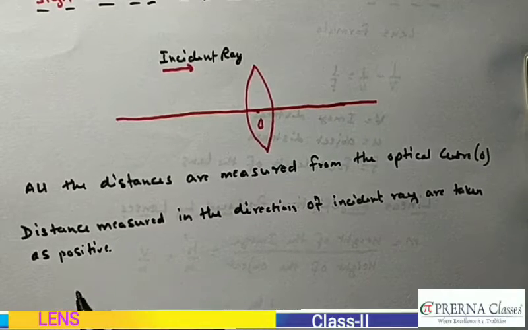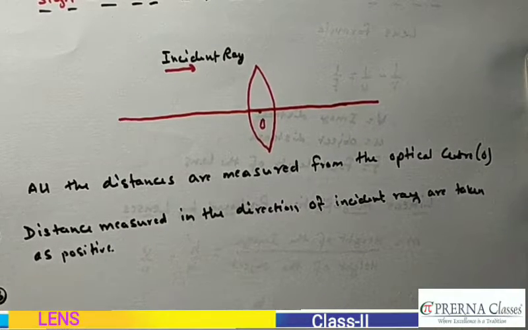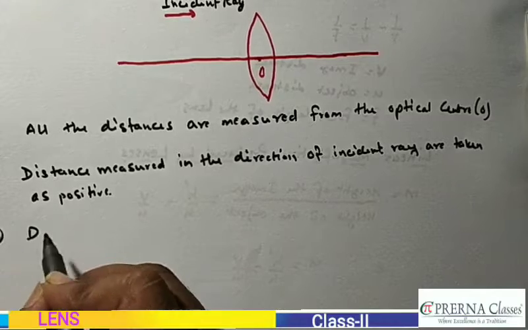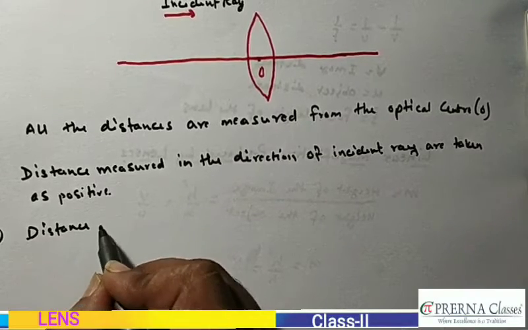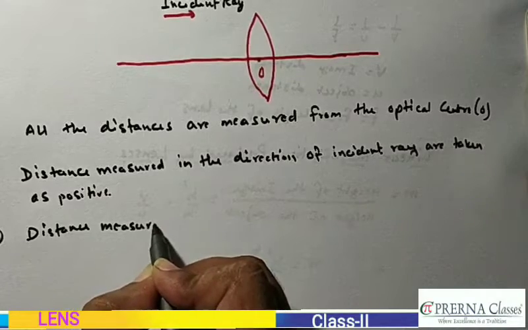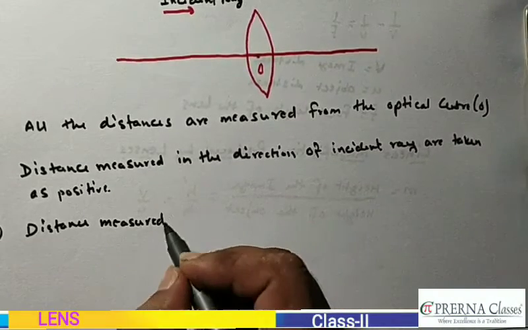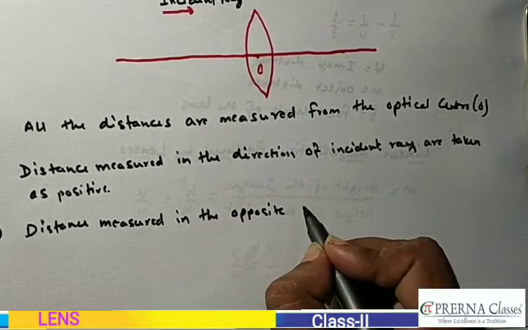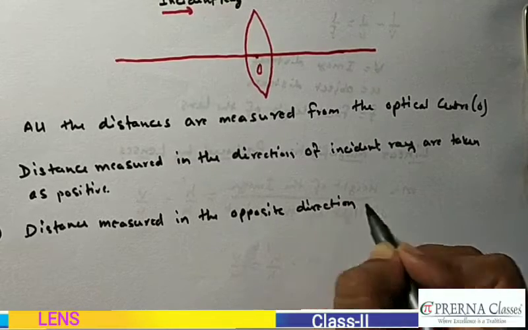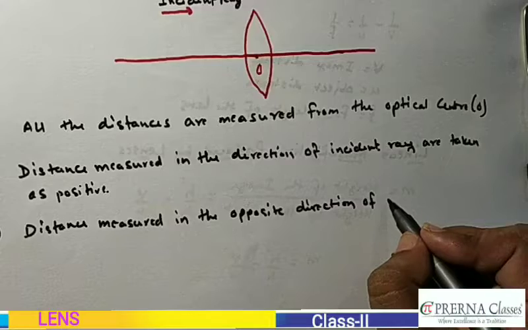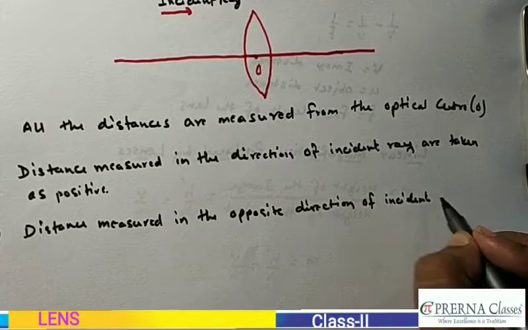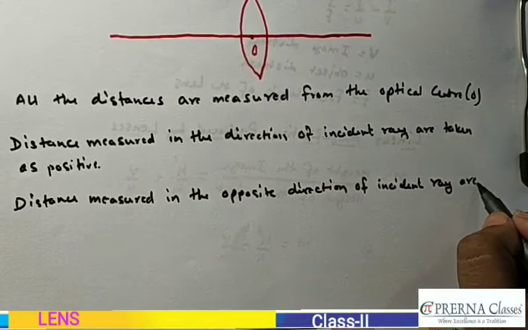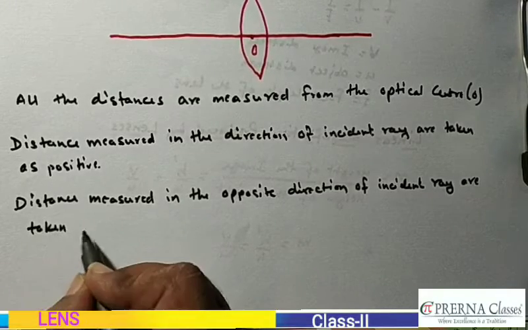Okay. Third point: distances measured in the opposite direction of incident ray are taken as negative.